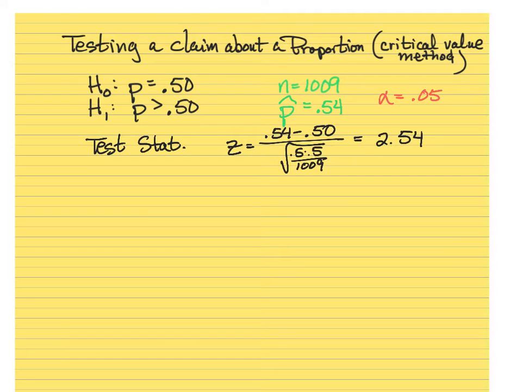Now here's where the critical value method is different than the p-value method. In the critical value method, you still have your bell curve, and in the center of the bell curve, you still have the claimed proportion, 0.50. But what we now want is to apply the critical value in this way.